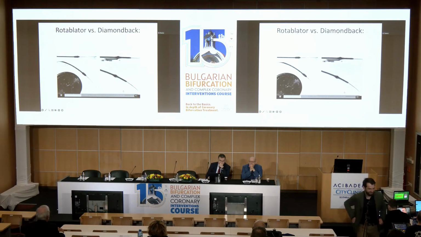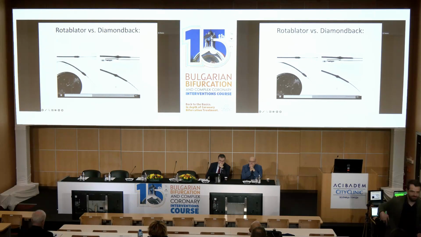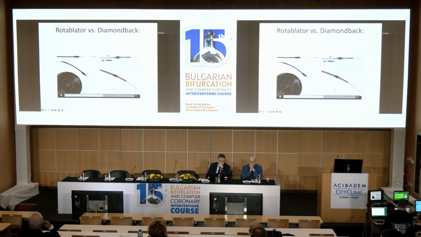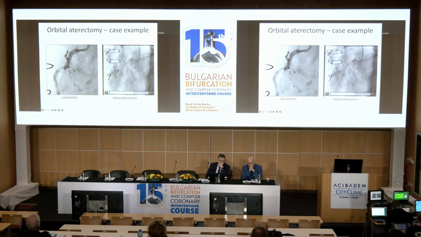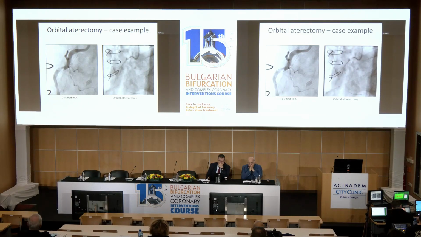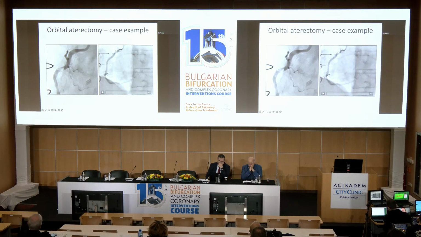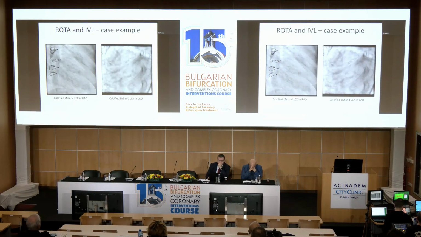It was not possible to bring the device down in 7 cases out of 160. But if you have very tortuous anatomy, calcified lesions, this orbital atherectomy is very helpful. There's practically no risk of a burr stuck, and you can manage such tortuous lesions with orbital, postdilatation with NC balloon, stenting and postdilatation very nicely.